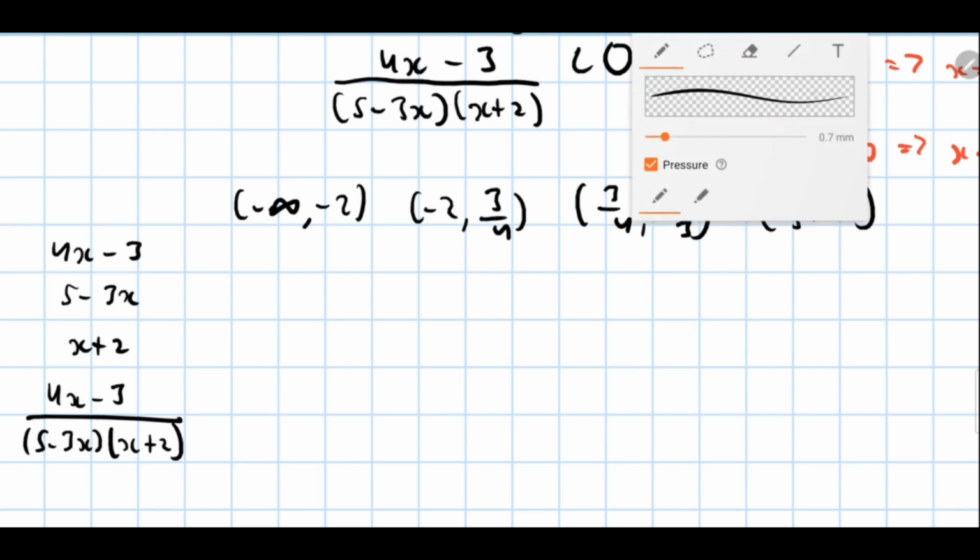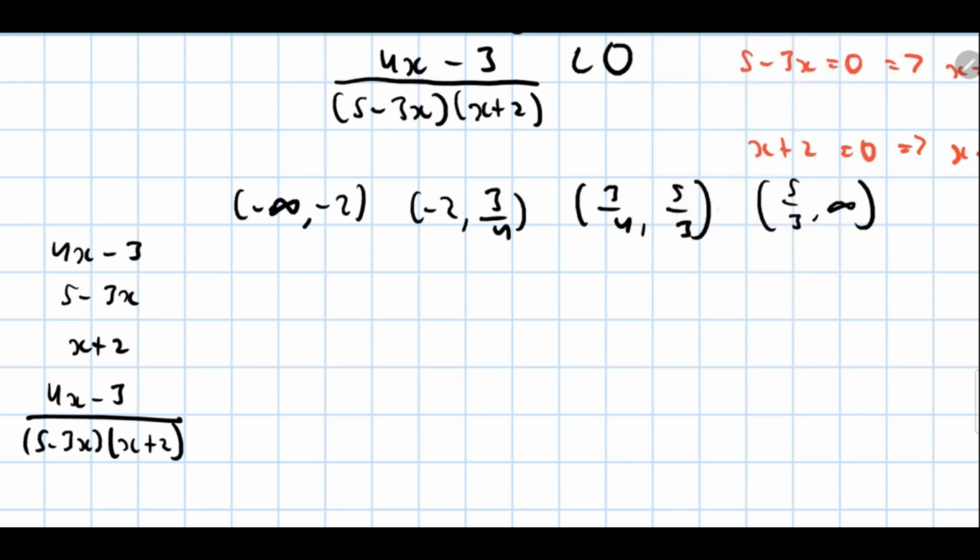Now the third step will be determining which values lie between those intervals, meaning that between negative infinity and negative 2, I would like to pick a value and see what kind of value it gives me, a negative value or positive value. So in this case, for our first interval, I would like to choose negative 3. It's a simple negative integer, which I could substitute into my factors accordingly.